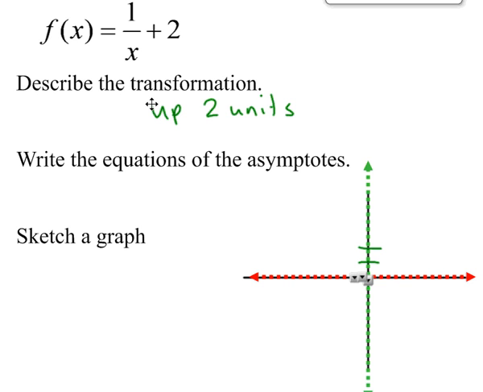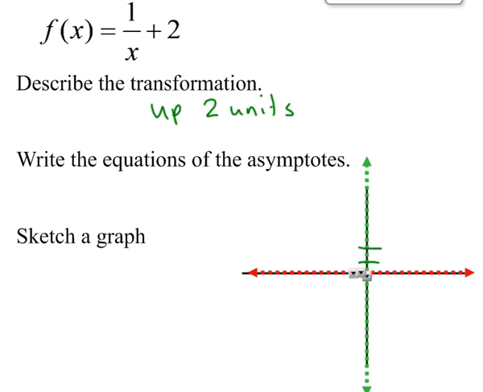So now instead of being at y equals 0, it's now moved up to y equals 2. But there's no left or right transformation, so the vertical asymptote stays the same.